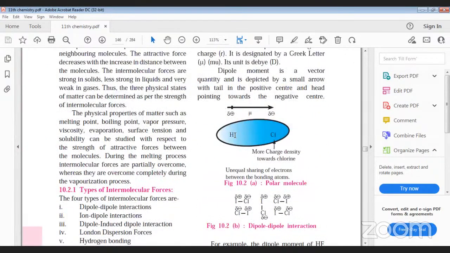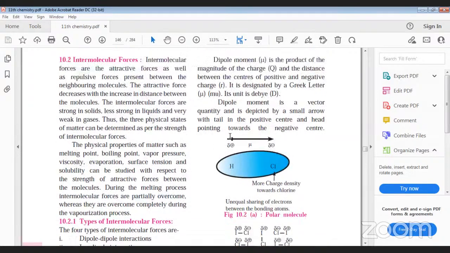You know, polar molecules have a dipole moment. So what is this dipole moment? Dipole moment is the product of the magnitude of charge and the distance between the centers of the positive and negative charge. So due to this polar nature, a polar molecule possesses a dipole moment.